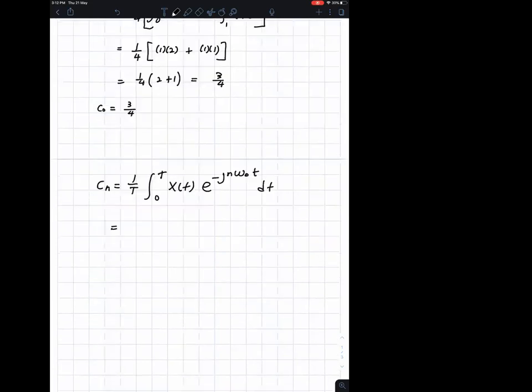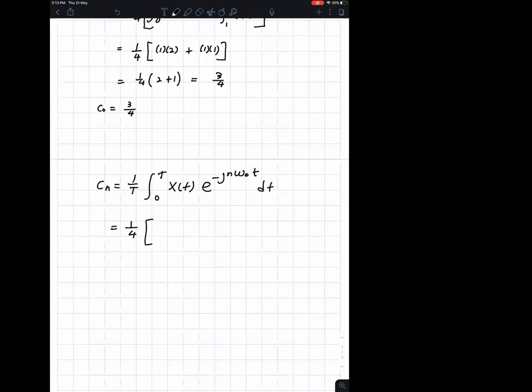Which is going to be 1 over 4. Of course, then again, you have two different areas.